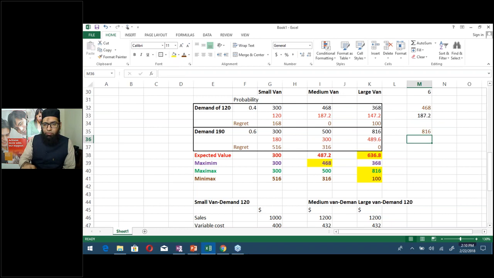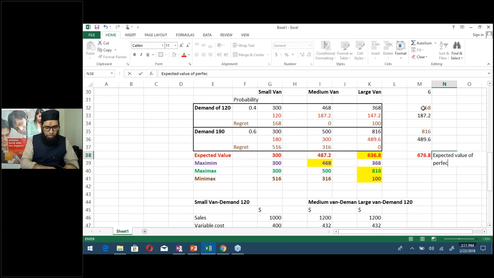Similarly, for demand of 190, it will be 816 multiplied by 0.6, so it will be 489.6. So the expected value will be 676.8. This is the expected value of perfect information.